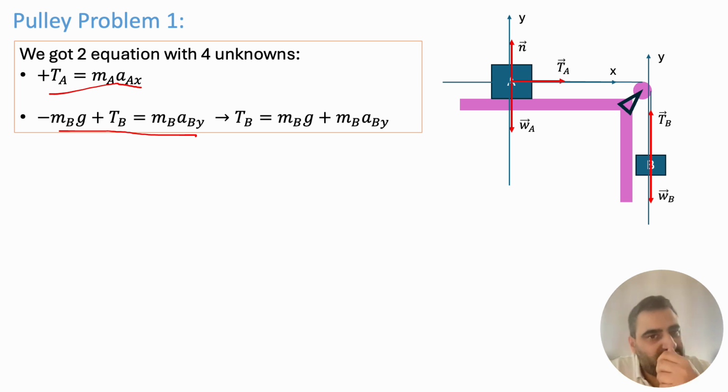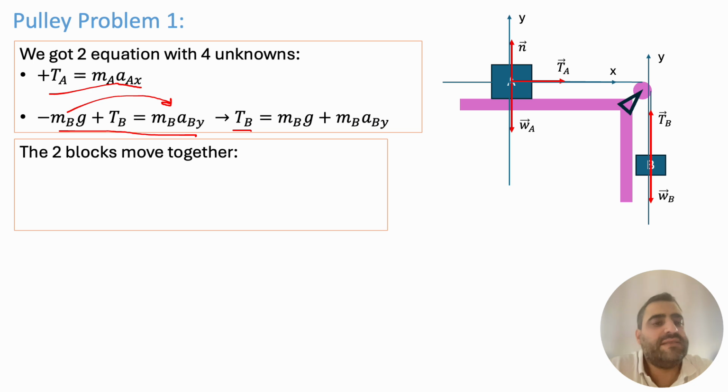Before we find the other equations, let's actually rearrange this equation. So I'm going to keep TB on the left-hand side and move this to the right-hand side. So it's equal to MBG plus MB ABY. Now, what I remember is that these two blocks are going to move together. And they're going to move together in a very specific way.